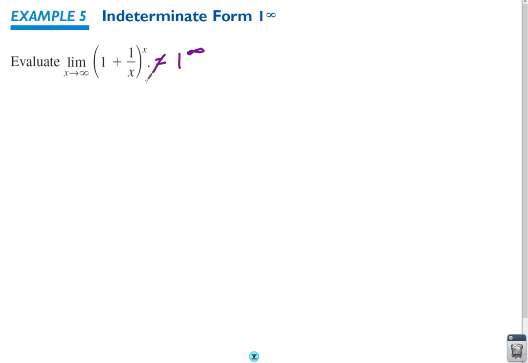So what I'm going to do is rewrite this entire thing as y is equal to the limit as x approaches infinity of 1 plus 1 over x to the x, because essentially that's what we're going for here. That's the whole idea, we're trying to get this y value, okay?